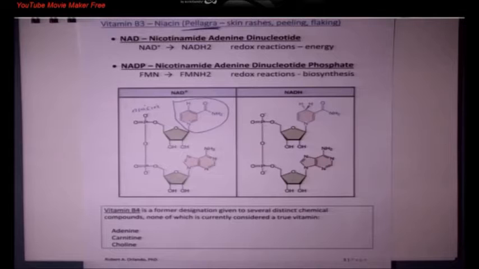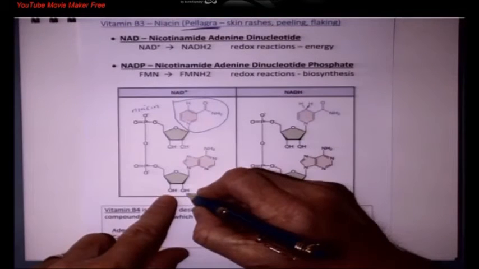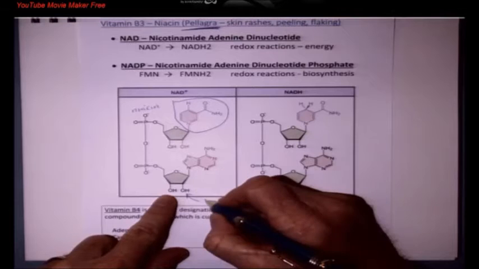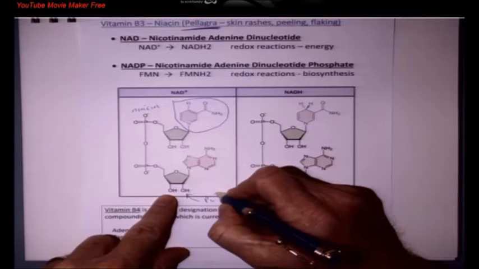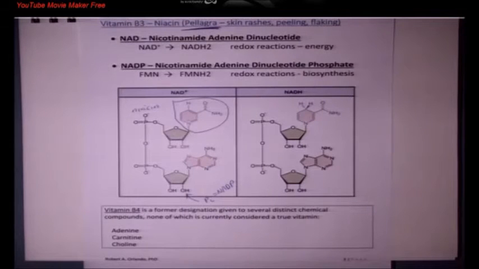The only difference between these two is if there was a phosphate right there, this would equal NADP. That's the only difference between the molecules. But they both come from the same thing, from niacin. Now, some of the clinical symptoms are skin rashes, peeling, and flaking. What if I told you that these individuals with a B3 deficiency also had diarrhea?